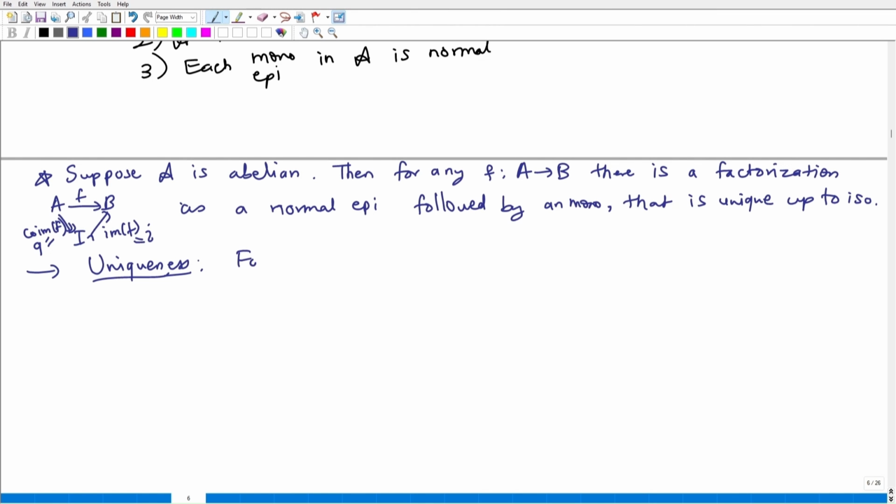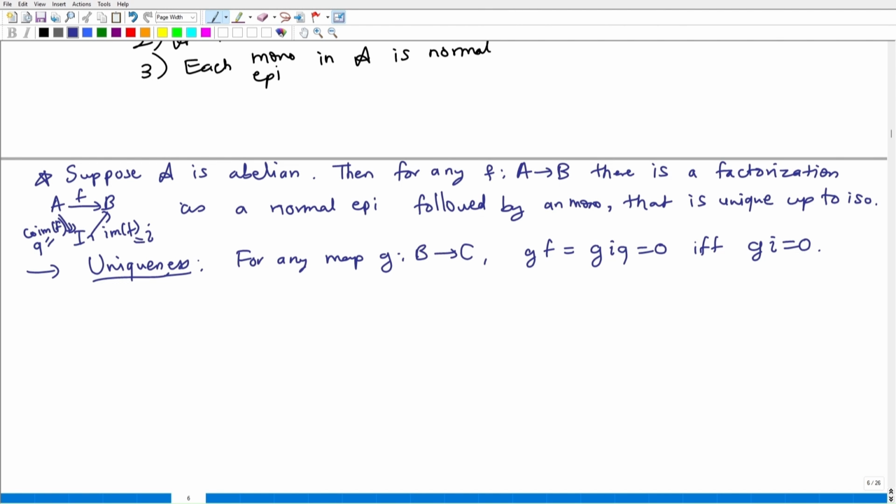So this is about image factorization. For any map G from B to C, it doesn't matter where we are. GF is equal to GIQ is equal to 0 if and only if GI is equal to 0.